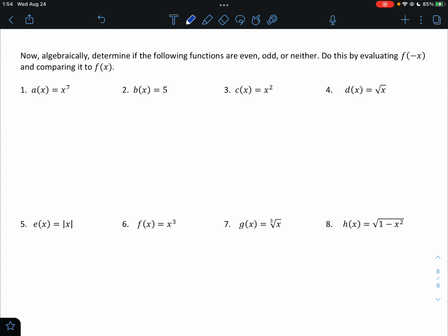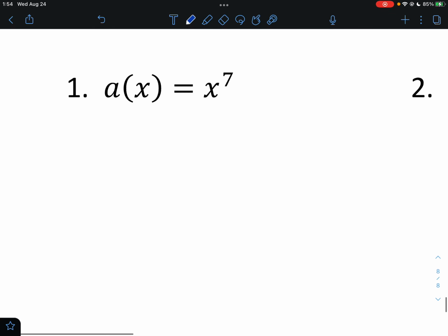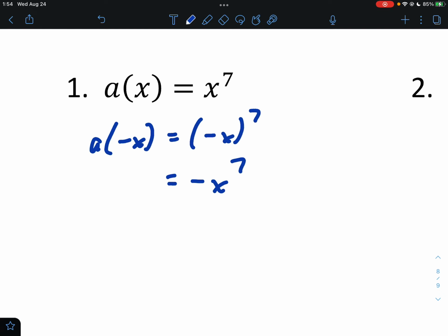Okay, and the last slide here, we're going to talk about algebraically determining if a function is even, odd, or neither. So we're going to evaluate f of negative x and compare it to f of x. If we're going to do a of negative x, that's negative x to the 7th, which is the same as negative x to the 7th. So your first question you ask yourself, does that equal the original function?